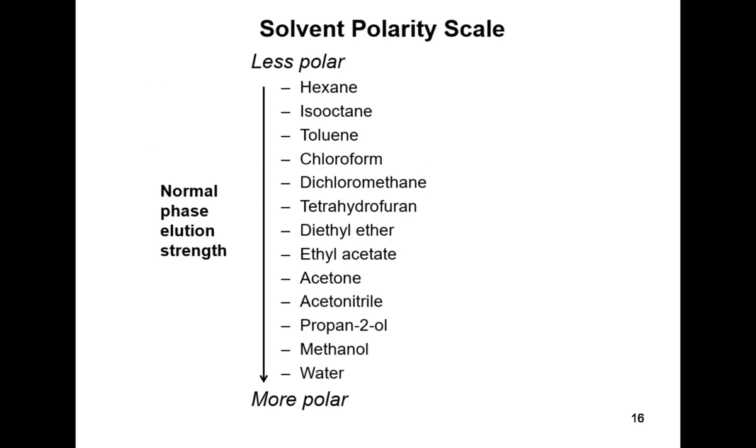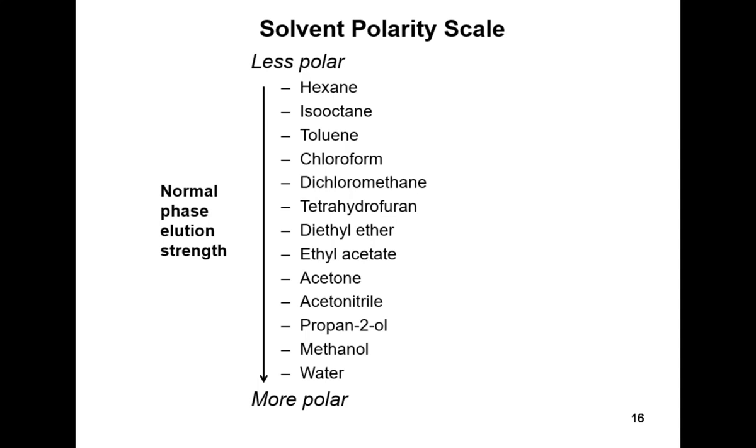And there's a range of different solvents that you can use to do normal phase HPLC. So normally, you'd have one of the solvents down at this end, so maybe hexane to dichloromethane. You would use that as the non-polar solvent and mix in a little bit of some of these other solvents down here, from tetrahydrofuran down to methanol.